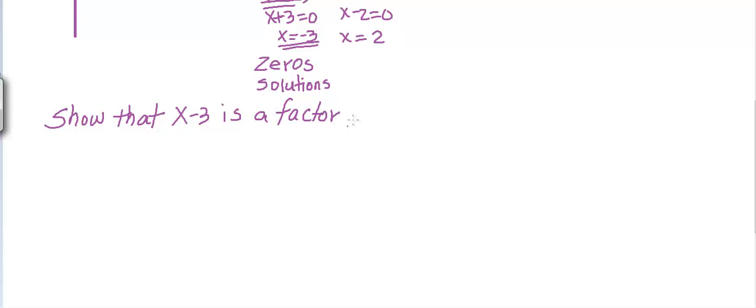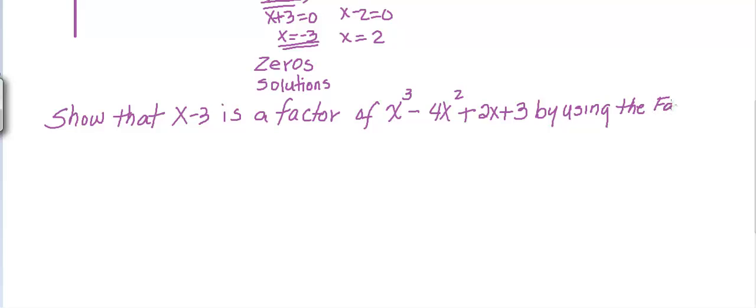In the example in your book, it says to show that x minus 3 is a factor of x cubed minus 4x squared plus 2x plus 3 by using the factor theorem.